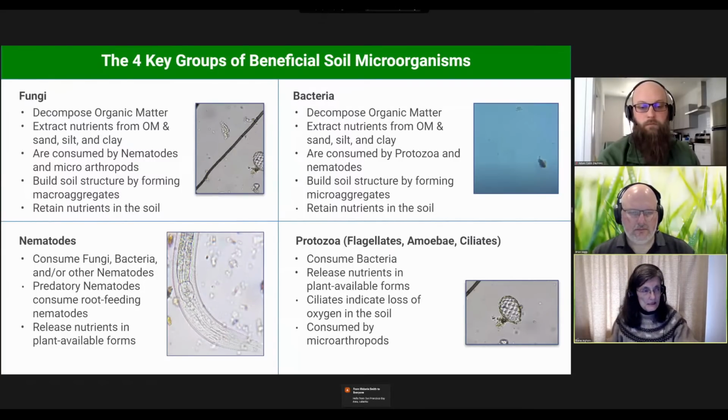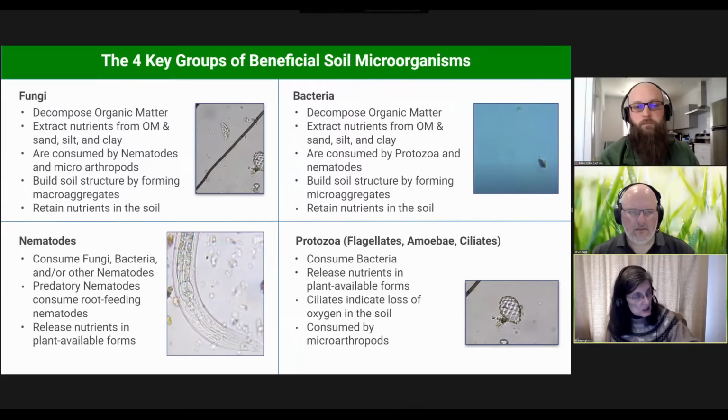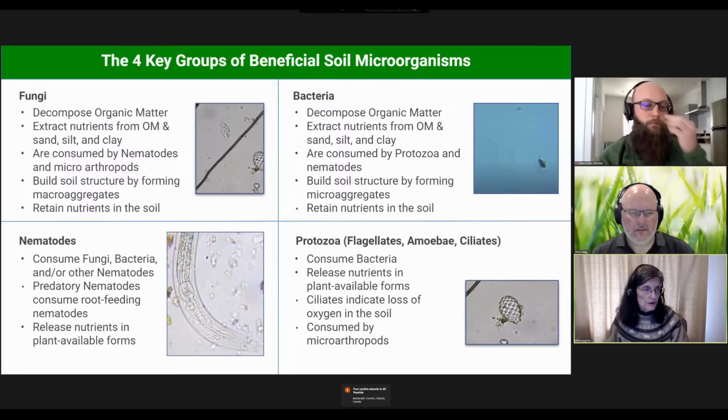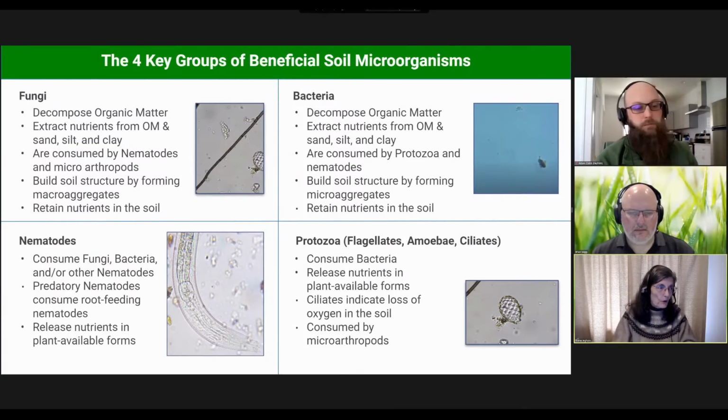We want to be seeing something around 1,000 different species of bacteria. We want to see maybe almost the same species diversity for the fungi. Going to be a little bit lower for the protozoa and significantly lower for the nematodes, but well, they're bigger organisms and they manage more of their property than the small critters.